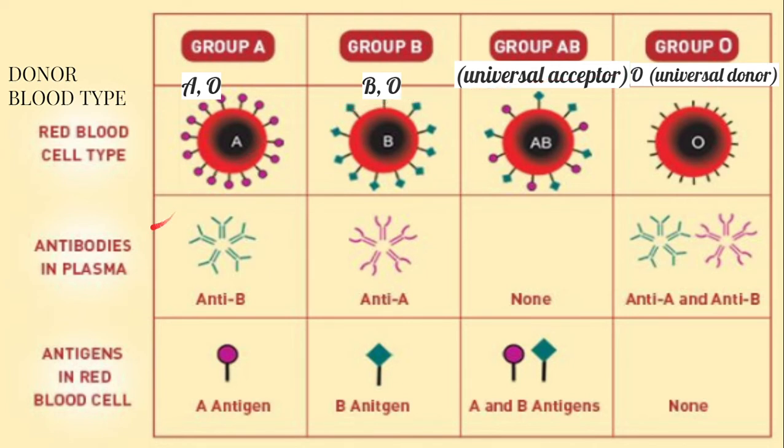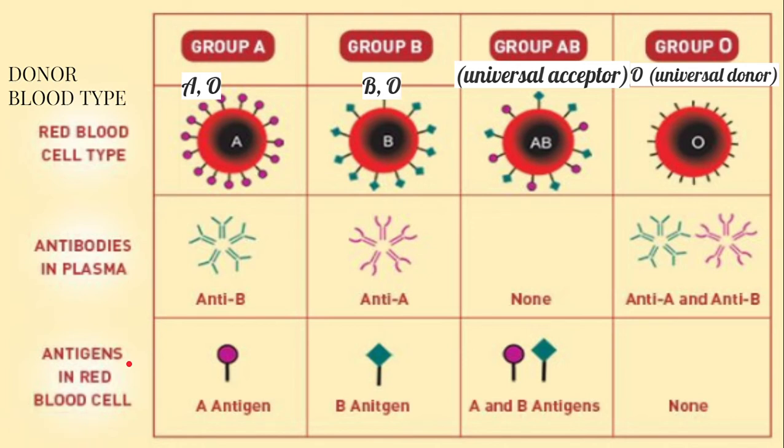Now, antibodies in plasma. So what are antibodies? Antibodies are a kind of protein that are produced by our immune system when a foreign substance is detected inside our body, and those substances that make our immune system respond and produce antibodies are known as antigens.